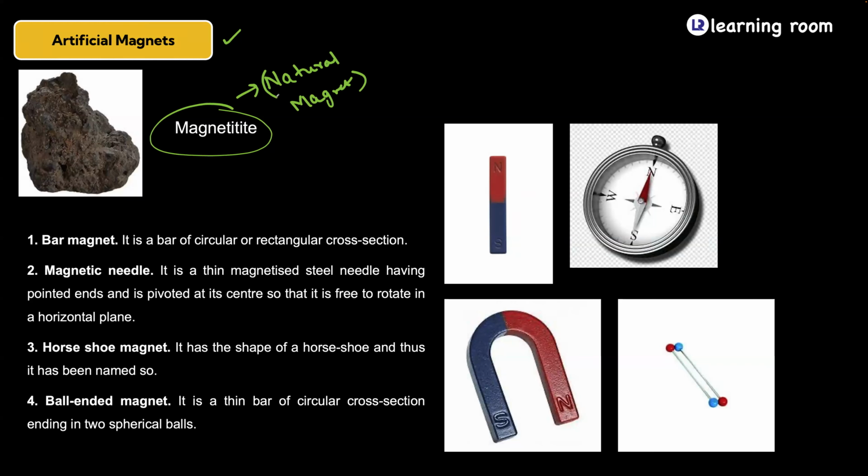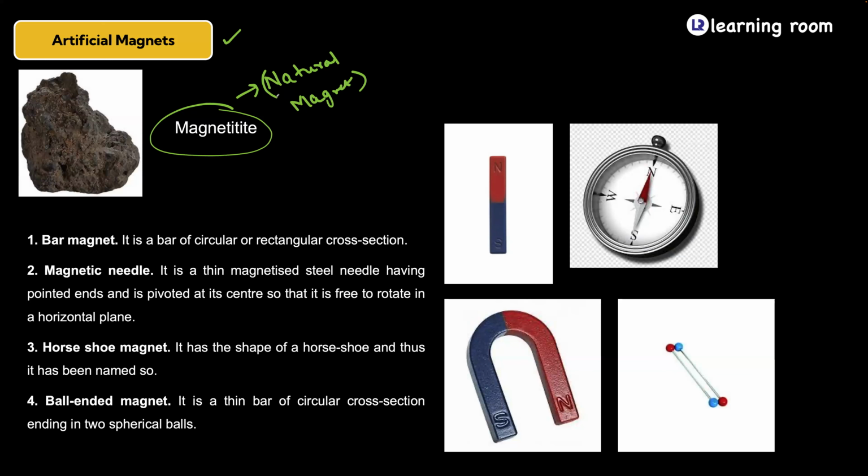So when I took the south pole closer to it, a magnetic field is induced in it in such a way that this will become north pole, and the other end will become south pole. So there will be a small structural rearrangement so that there is a magnetic field existing within this also. Are you able to understand what I'm trying to say?